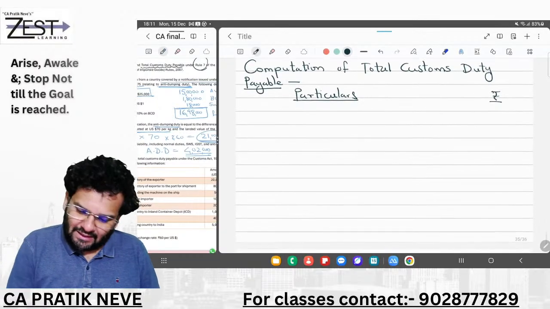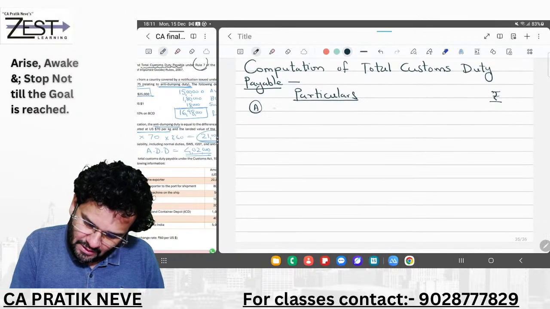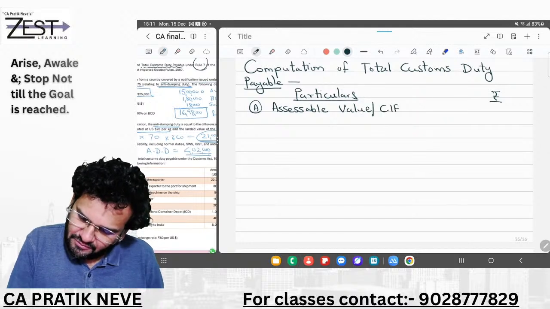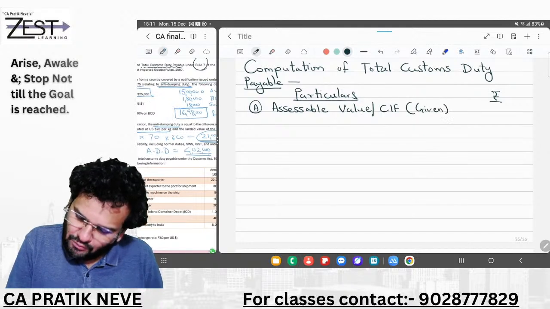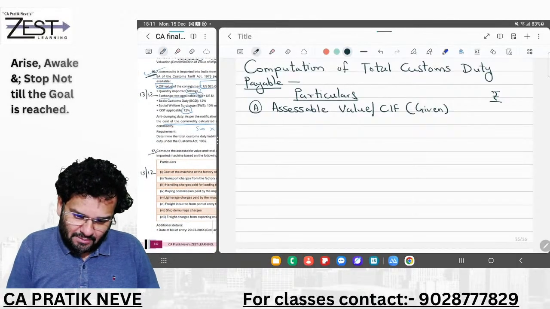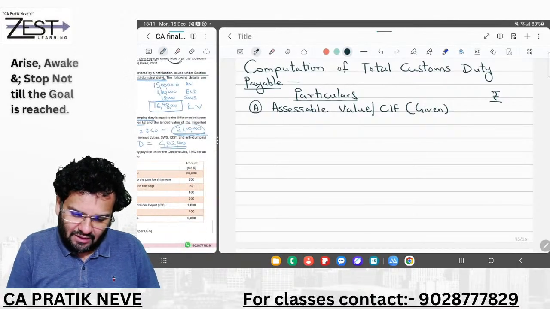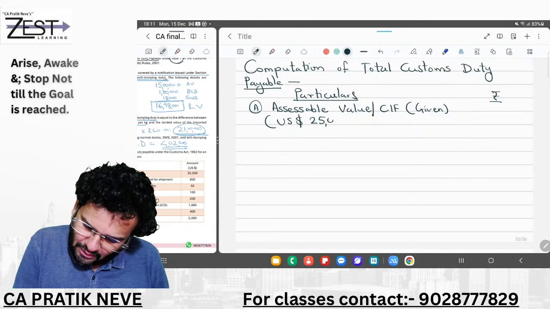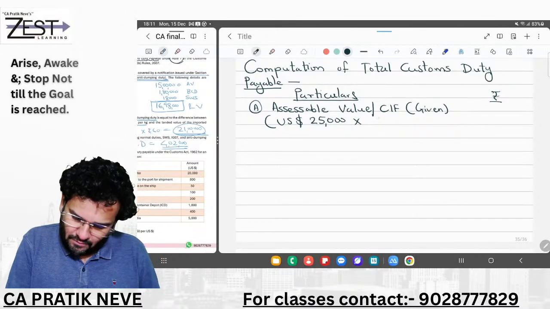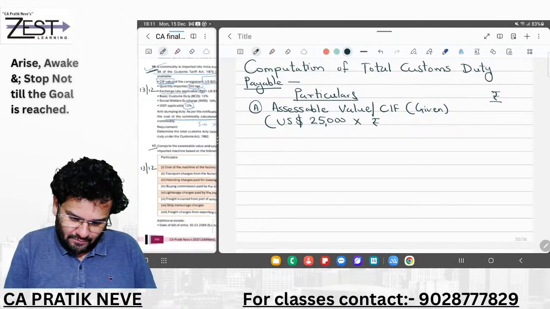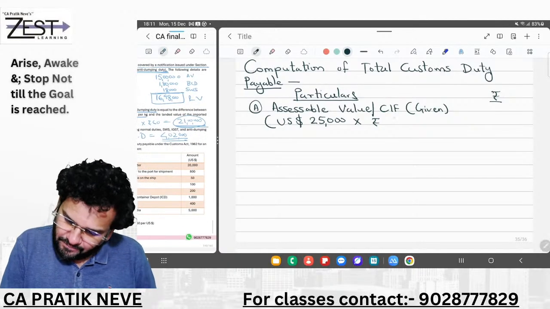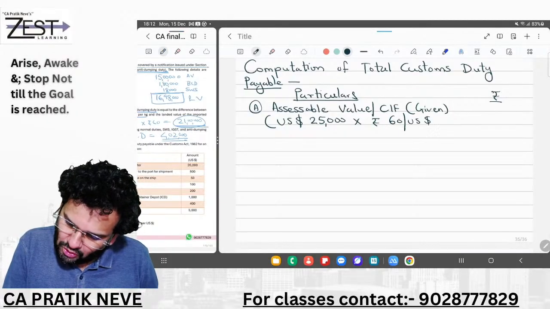So A point, I'll start with assessable value slash CIF, given in brackets, which is US dollars 25,000 into rupees 60 per US dollar.